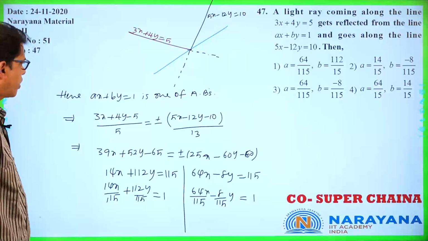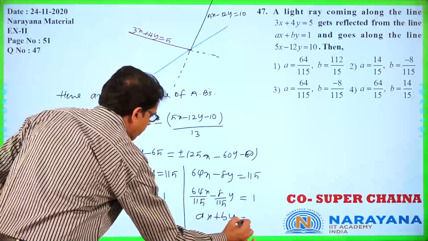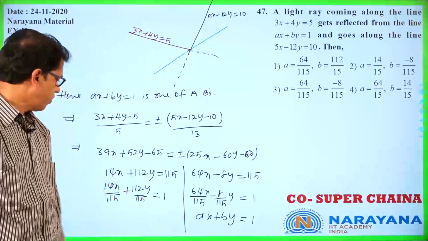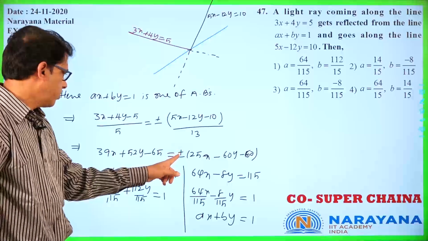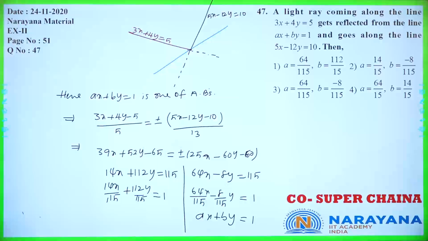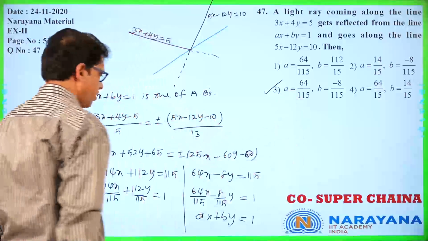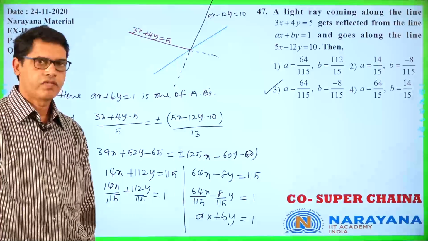Comparing with ax plus by equals 1, the a value is 64 by 115 and the b value is minus 8 by 115. So the answer is option 3.